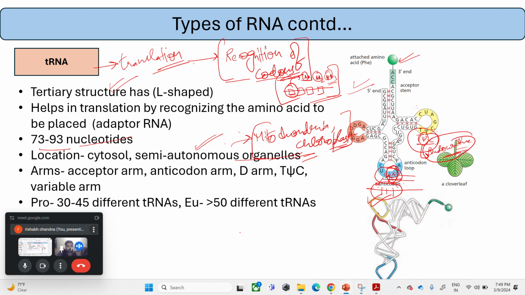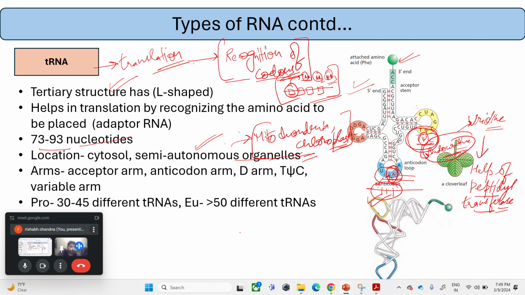This T-C loop has a pseudouridine that is basically a structural change of uridine only. And this T-C loop functions by helping the peptidyl transferase, so it helps in the function of peptidyl transferase.